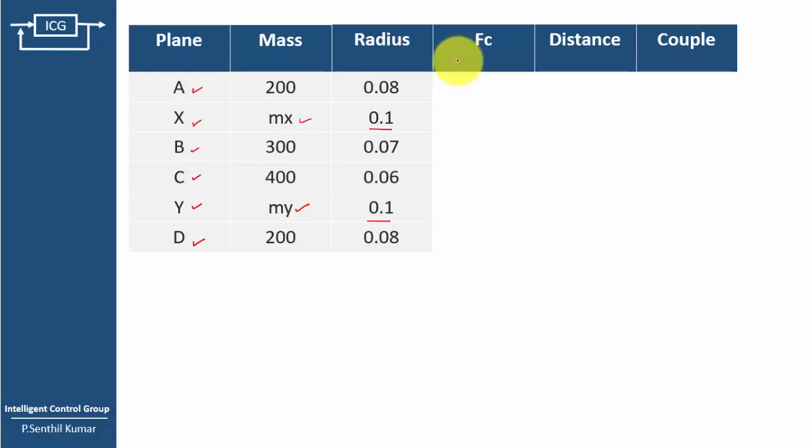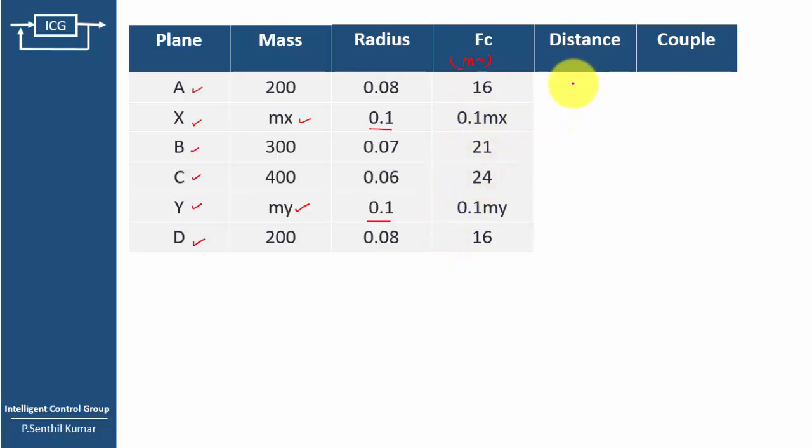Centrifugal force is nothing but the multiplication of mass and radius, mr. Just multiply mass and radius, you will get centrifugal force. 200 multiplied by 0.08, 16. 300 multiplied by 0.07, 21. 400 multiplied by 0.06, 24. 200 multiplied by 0.08, 16. So these are all centrifugal forces.